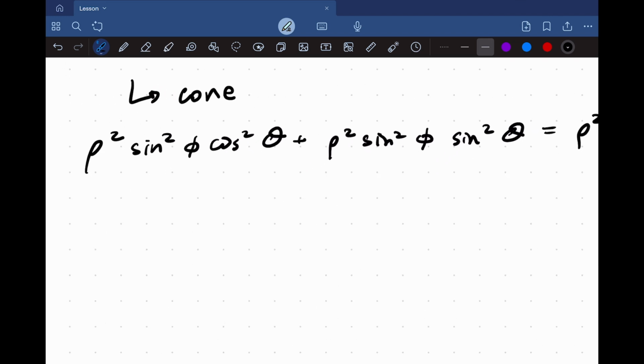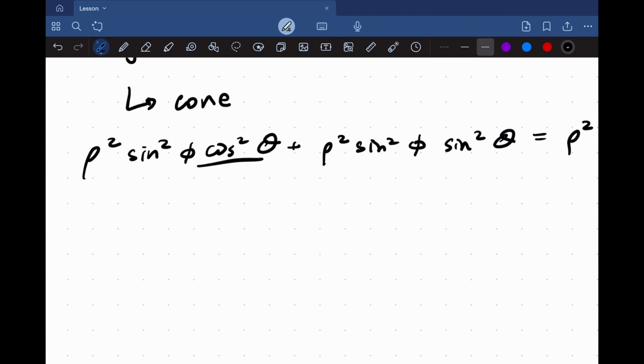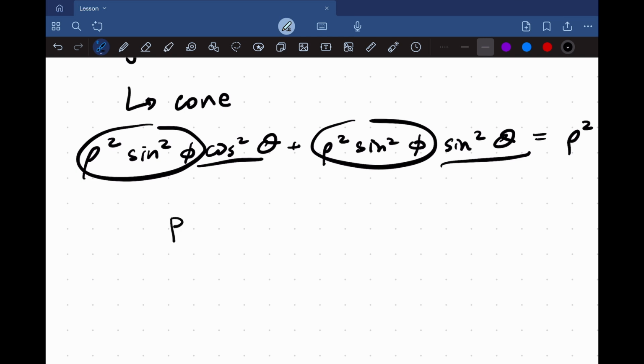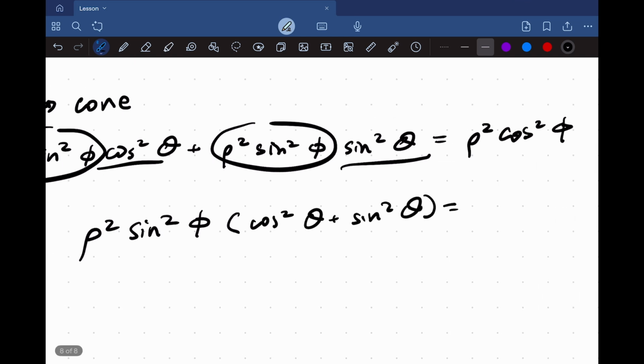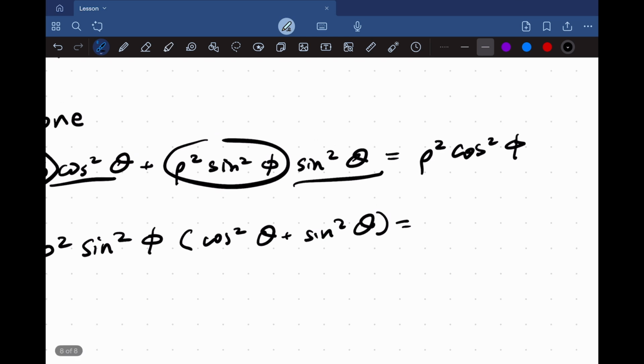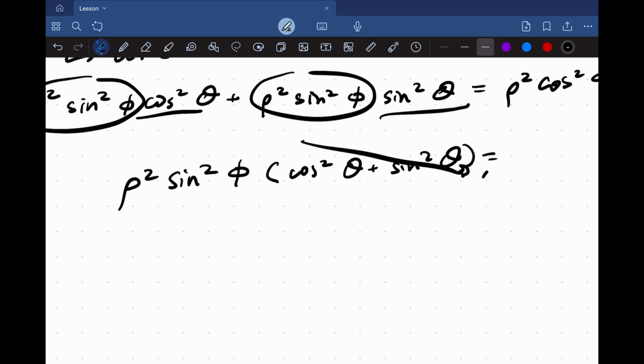Now, by separating out cosine and sine squared, we see there's a common term right here. So rho squared sine squared phi can be factored out, and cosine squared theta plus sine squared theta is left over. Now we know that this goes to 1 from the trigonometric identity.